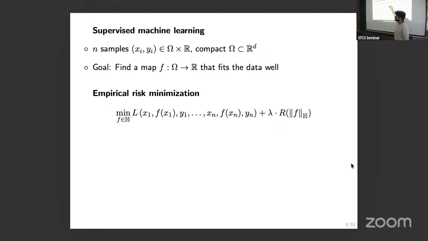This is what is called the loss function. And the second term is some kind of penalty on how rough the function is that you choose. You don't want functions that are too rough because nature is not as cruel in some sense. And so this is your regularization or structure enforcing term of sorts.